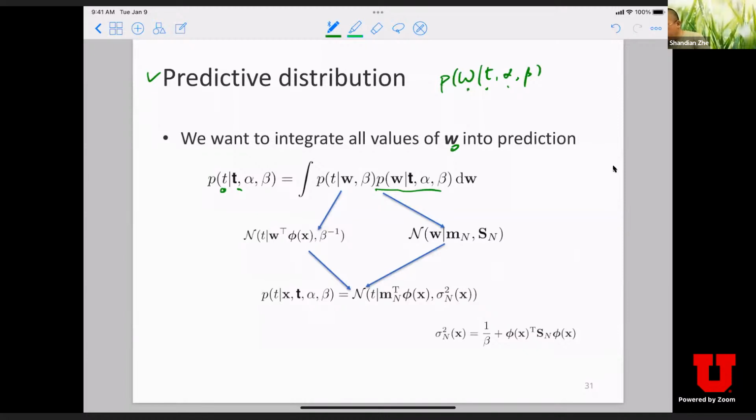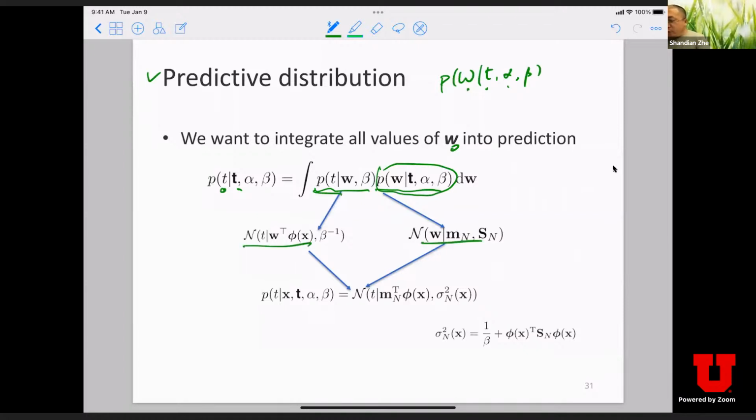In this integral, we know that for a particular W, the distribution of the prediction T is P of T given W and beta, where beta is the inverse noise variance of the Gaussian likelihood. Then we consider the distribution of W. Because we have observed data bold T, we get a posterior distribution of W given the training data, given alpha and beta, where alpha is the prior inverse variance and beta is the likelihood inverse variance. So it's here and here.